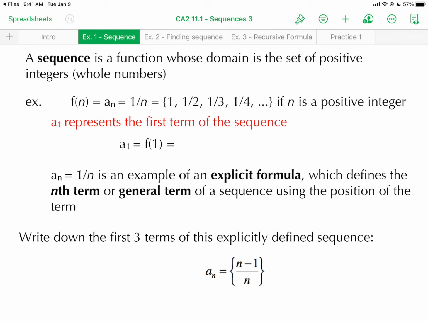So a sequence is defined to be a function whose domain is the set of positive integers.